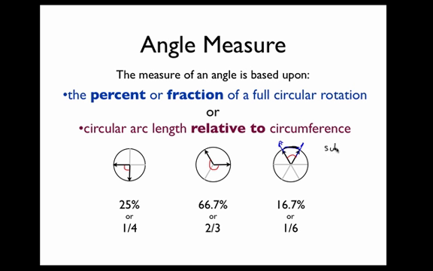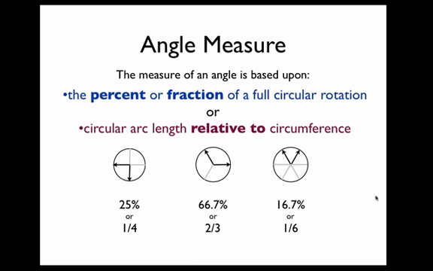So the rays subtend an arc length. The rays subtend some fraction of the circumference. I'm just making you aware that the book uses that in the worksheets in the homework. Subtend is a verb, and it means to cut off. So the rays subtend an arc length.